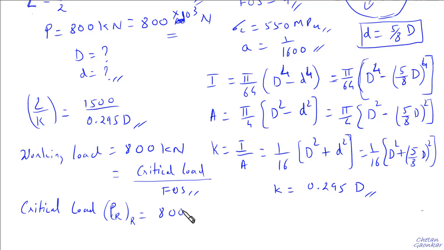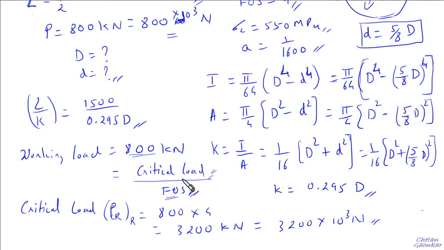Working load, that is 800 kilonewton, multiplied by the factor of safety, which is 4, right? I will get the critical load, and that will be equal to 3200 kilonewton, which is again equal to 3200 multiplied by 10 to the power 3 newton.